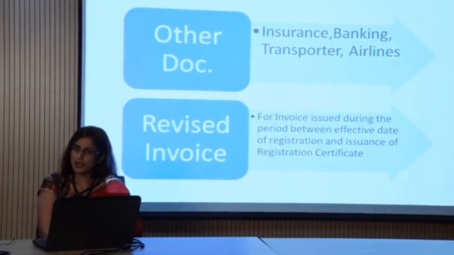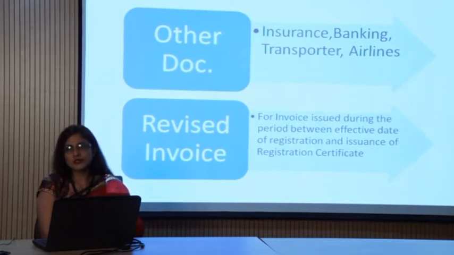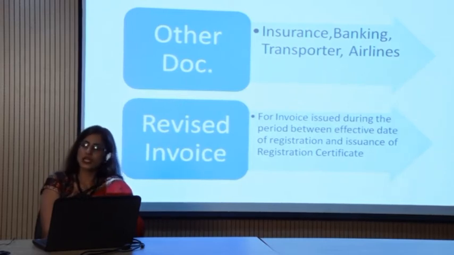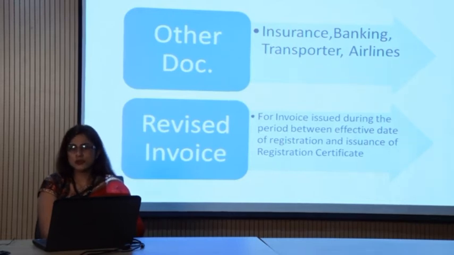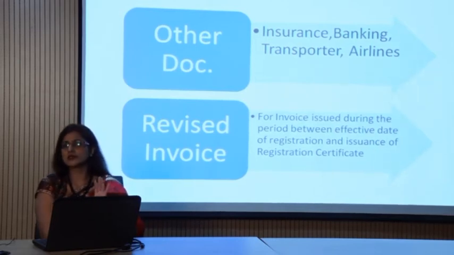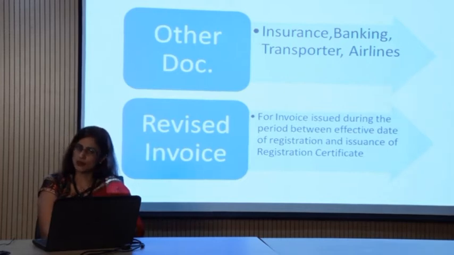In case of banking business, your bank statement will be considered as the tax invoice. You need not separately issue the tax invoice. In case of transporters, the government mentioned you need not issue the tax invoice. You just issue the consignment note. It is considered as your tax invoice.